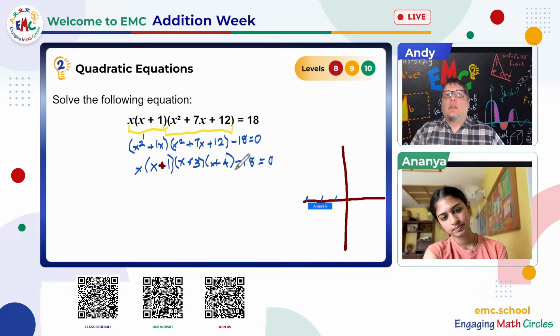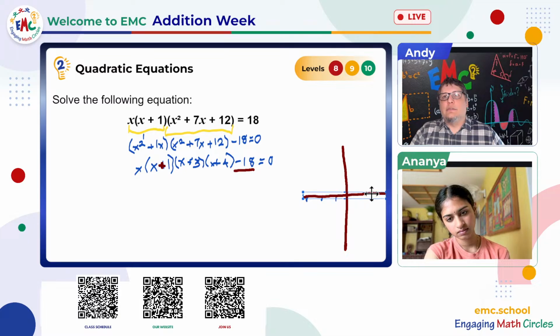So this is some quartic with roots on the left, and then we're moving the graph down by 18, which puts the roots down. So it's all in the negative.